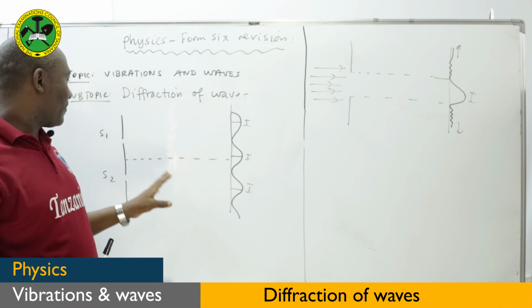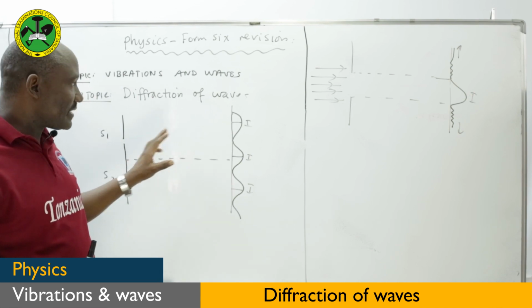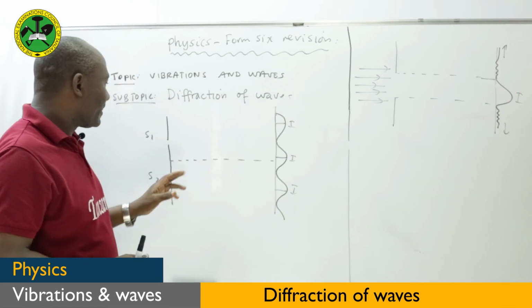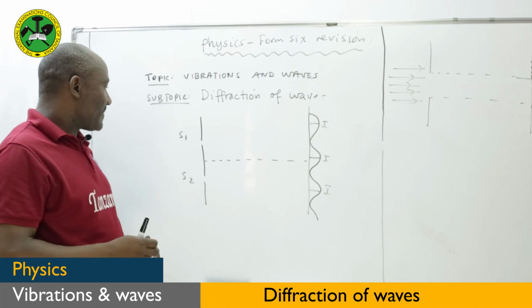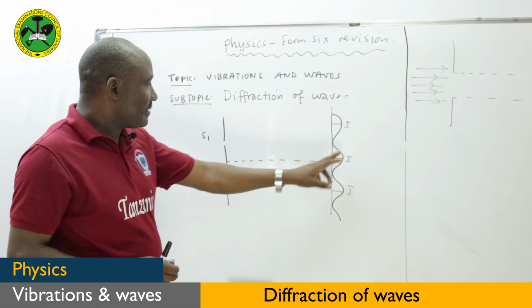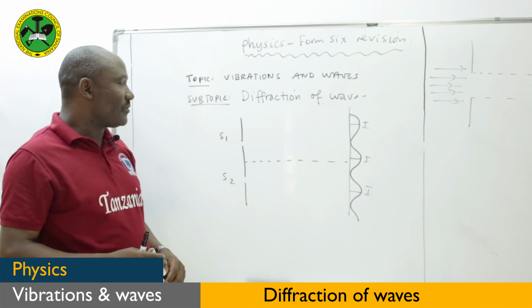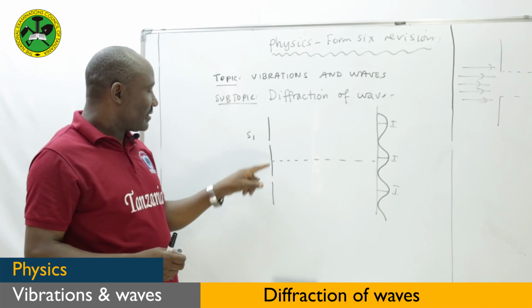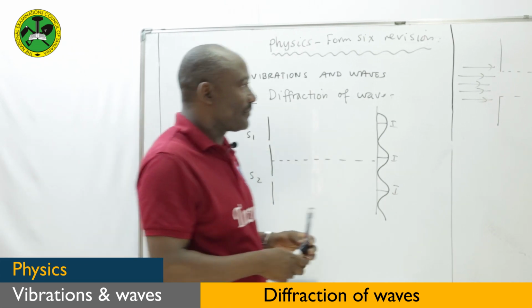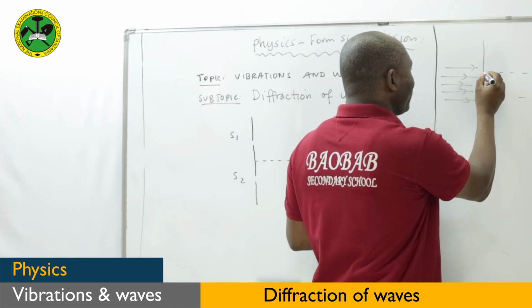We'll discuss it again here, diffraction and interference. Difference number two is that in interference the fringes are formed due to the superposition of coherent sources. But here, the images are formed due to what?